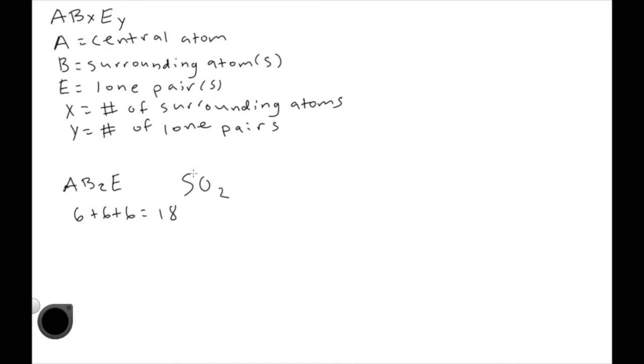And so now to draw our Lewis structure, starting with the central atom, the sulfur, we draw its Lewis structure first. So we have sulfur, which has 6 valence electrons surrounding it.